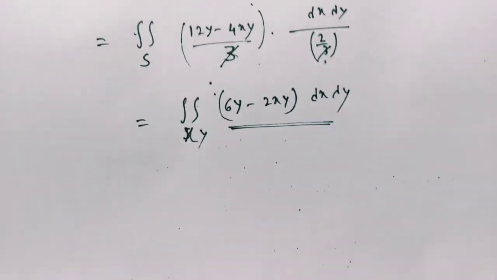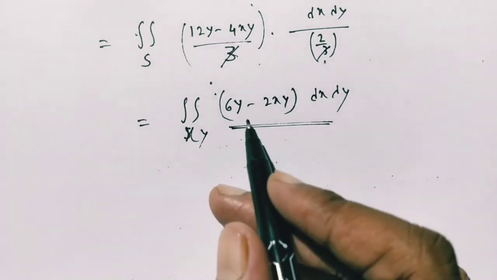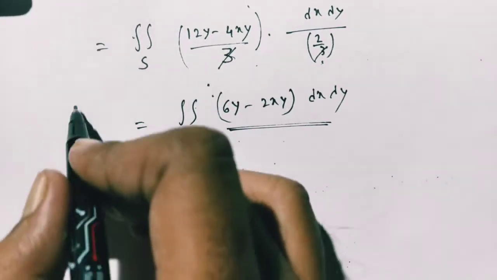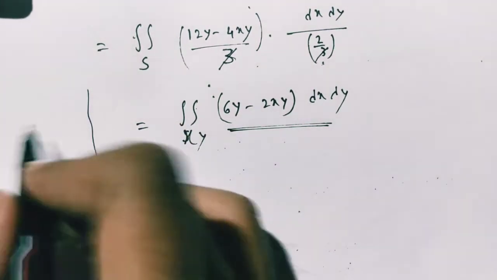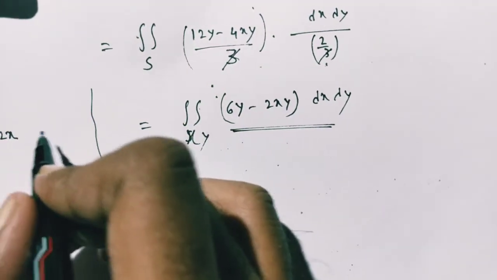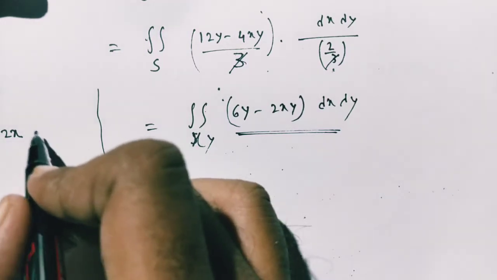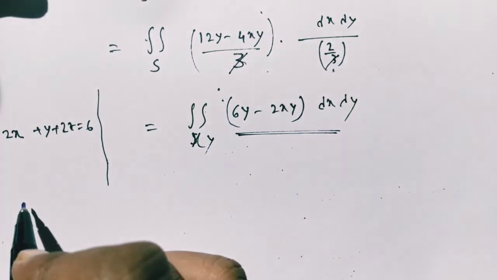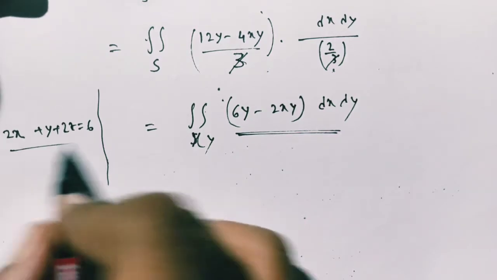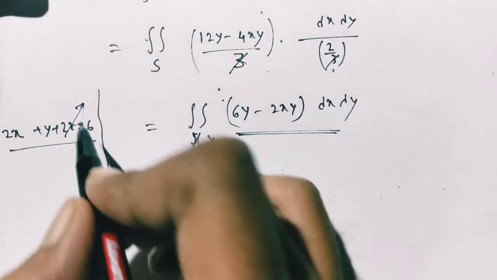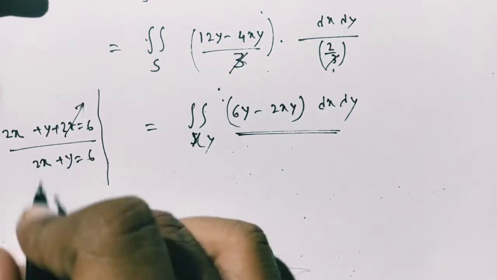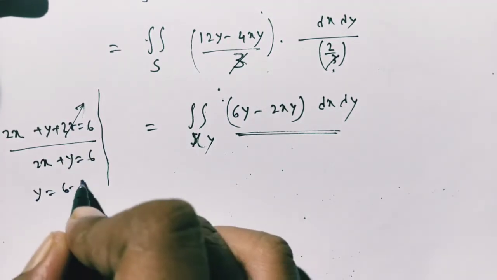Now we have to first integrate with respect to y. Here the region is 2x plus y plus 2z equals 6. Now we have to evaluate the integration on the xy plane, so you can take z equals 0, then the equation will be 2x plus y equals 6, so y will be 6 minus 2x.